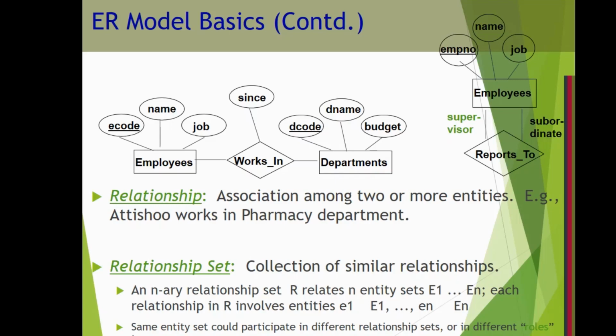And you see employees on both sides. This type of relationship, where the relationship of one entity, employee, to itself, is called a recursive relationship or a self relationship. I repeat, this is a special relationship.